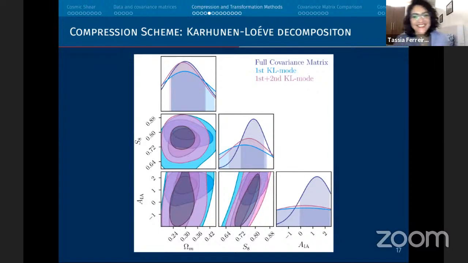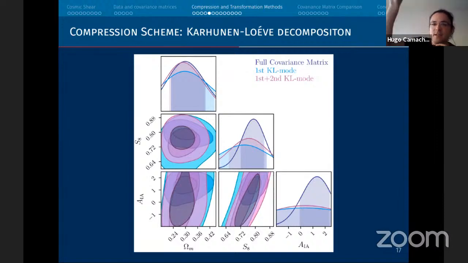Thanks for putting this figure. If I'm getting things right, what you're trying to say here is that you should go to the highest KL modes in order to retrieve the information from intrinsic alignment? Not the highest.